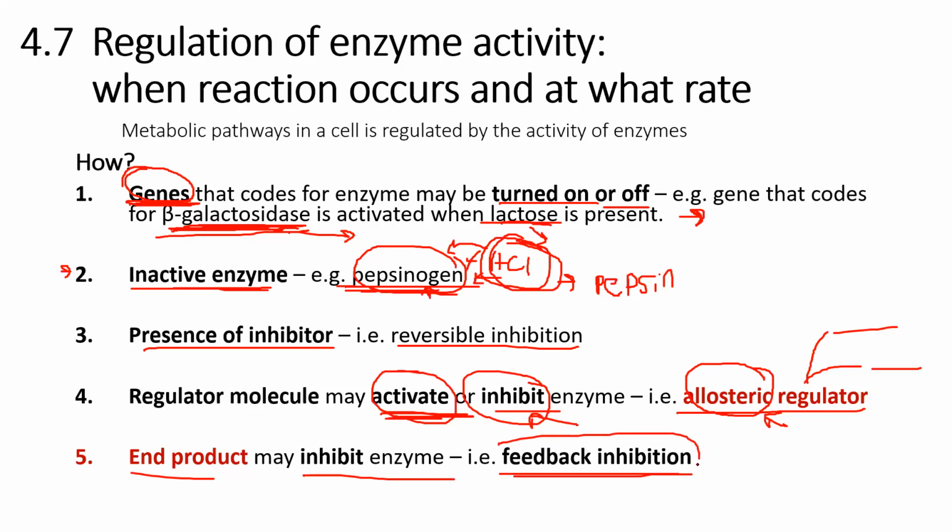Feedback inhibition is a mechanism that regulates enzyme activity. In the feedback inhibition process, in the metabolic pathway, you have the initial substrate, and then the first enzyme catalyzes the reaction to produce an intermediate product, the second enzyme produces an intermediate product, the third enzyme produces an intermediate product, and the last enzyme produces the end product.